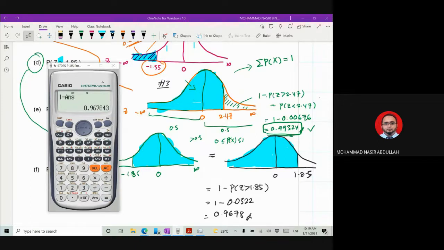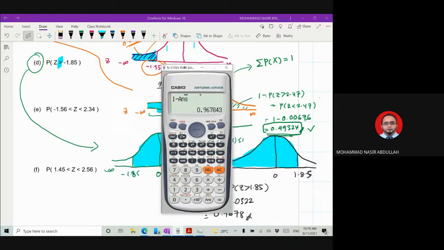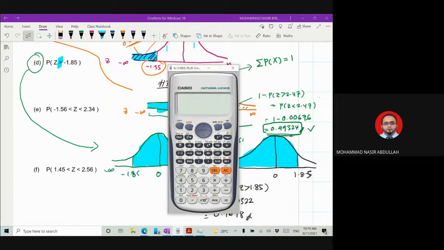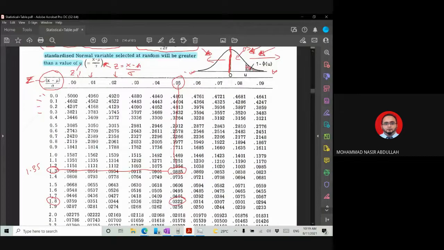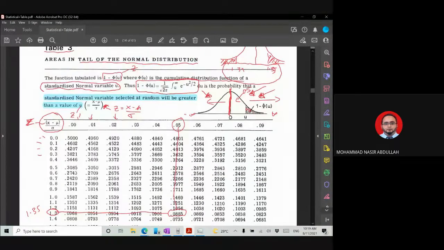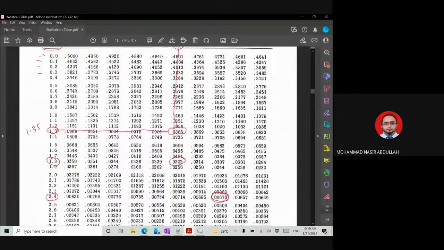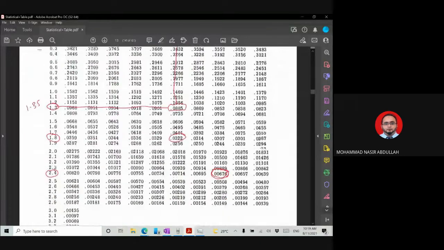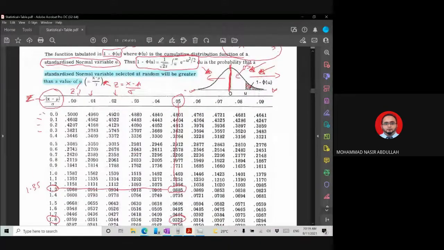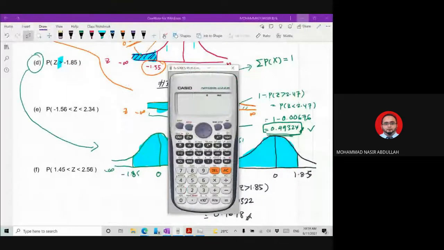Same. Alright. So now, I'm going to show you how to use calculator instead of statistical table. If you feel that by looking at the statistical table you will make a mistake, there is another way by using calculator, right?